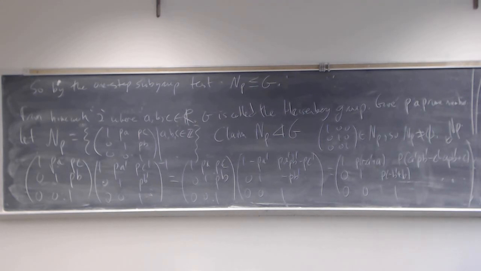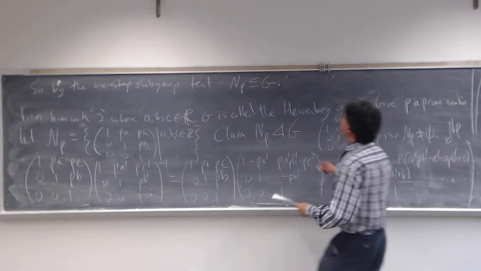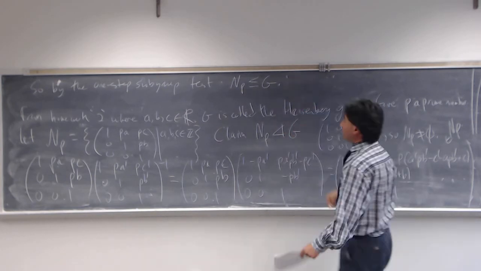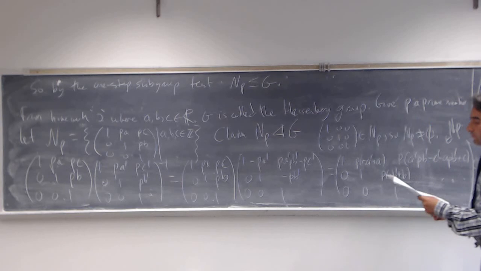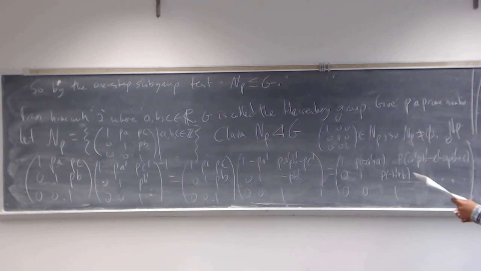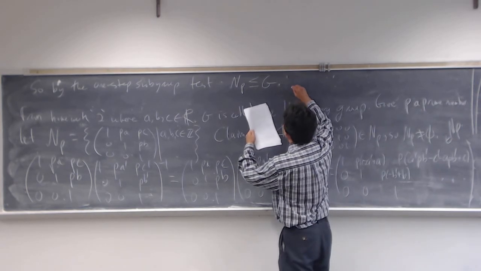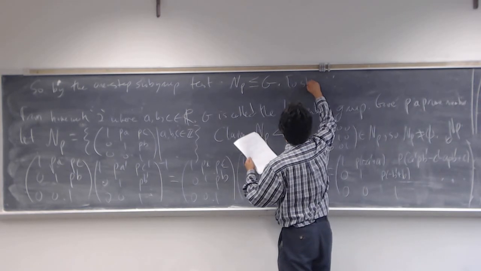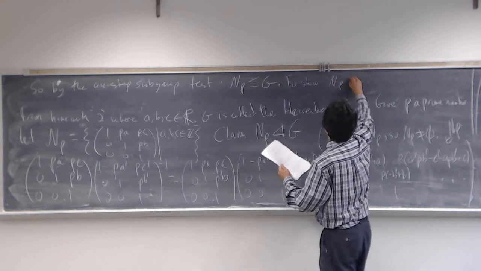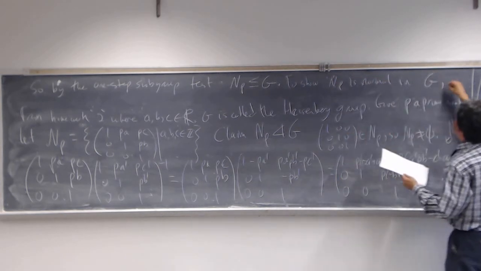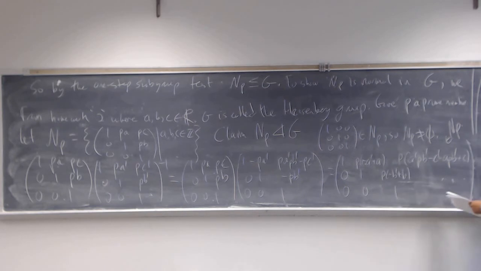Okay, so what about normal subgroups? Recall we've got an alternate definition at the end of the last lecture of how to tell a normal subgroup. Rather than directly looking at left and right cosets, we have to just show that, to show N of P is normal in G, what do we need to show?